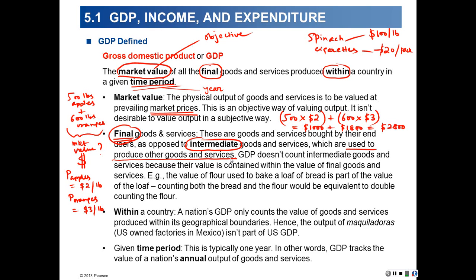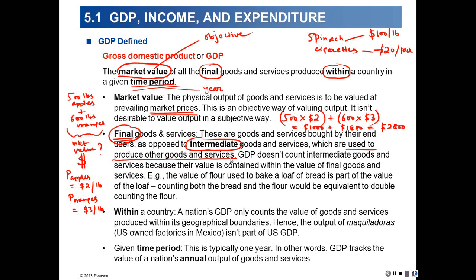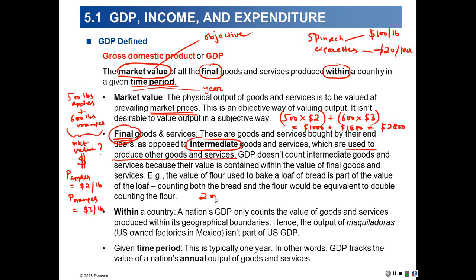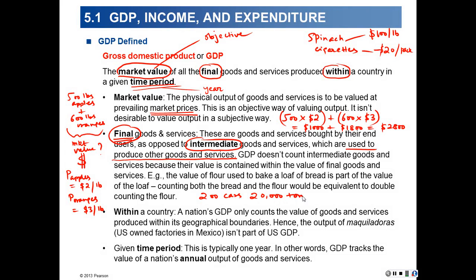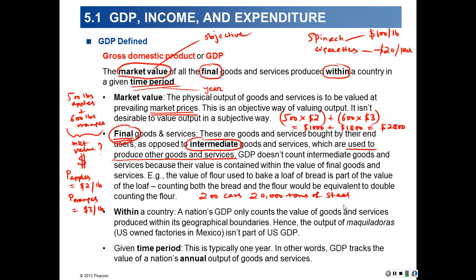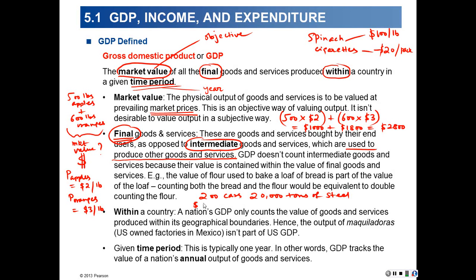Right? Now, let's say that our economy produces 200 cars, yes, and 20,000 tons of steel. Right? And let's say that the price of a car is $10,000.